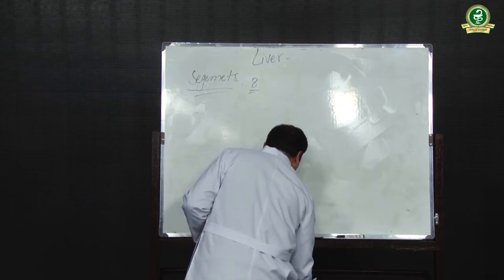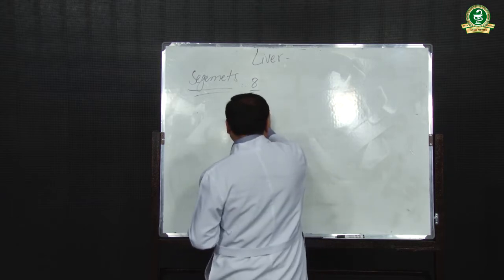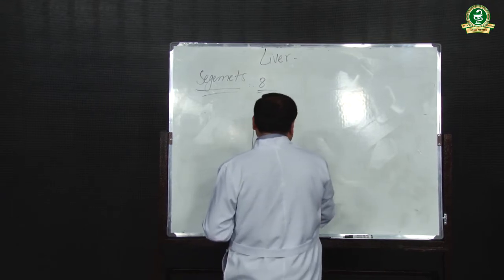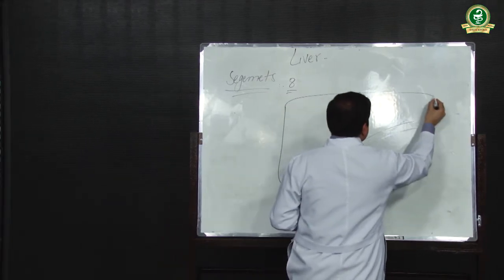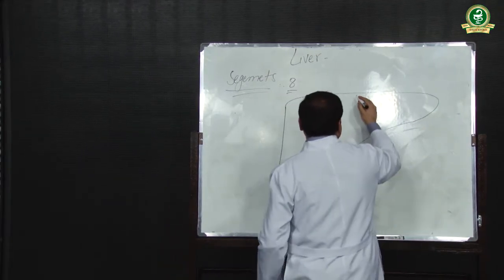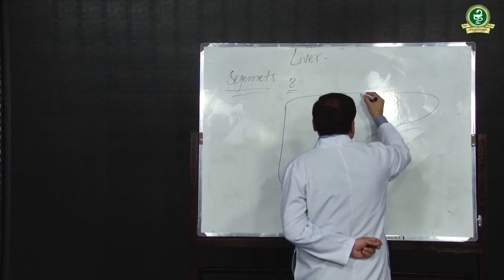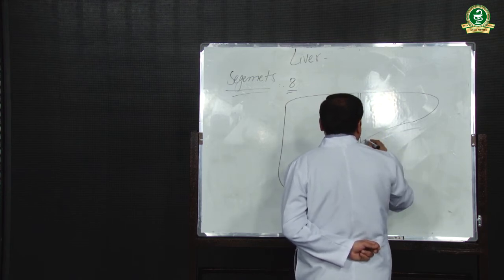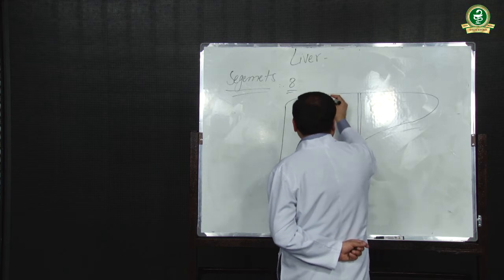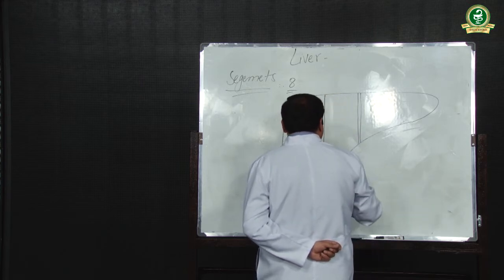The falciform ligament divides the liver into two lobes.